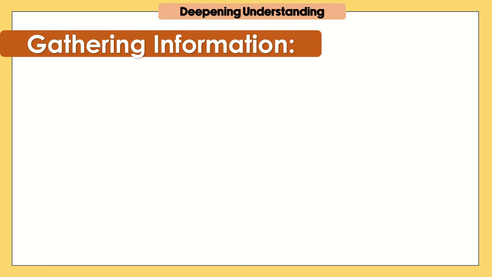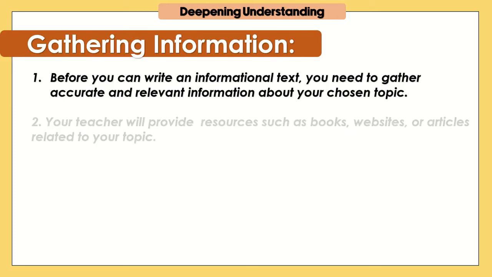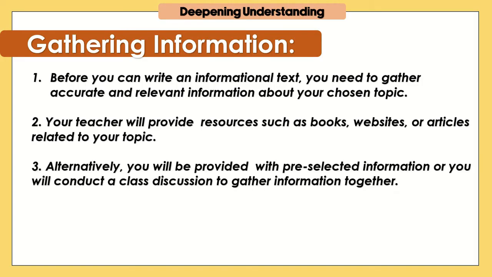Next step is all about gathering information. Before you can write an informational text, you need to gather accurate and relevant information about your chosen topic. Your teacher will provide resources such as books, websites, or articles related to your topic.